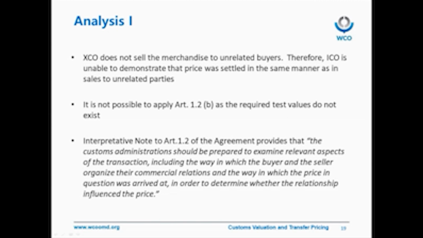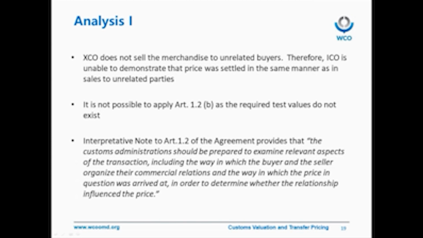XCO and the ICO are related. XCO does not sell the goods to unrelated buyers, and ICO is unable to show that the price was settled in the same manner as in sales to unrelated parties. And there is no test value available to the importer. So we have to come to the first method, examination of the circumstances surrounding the sale.